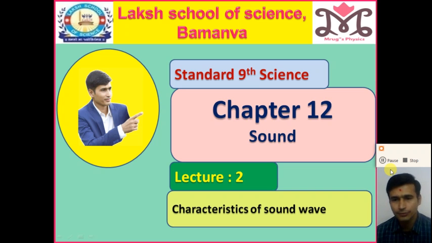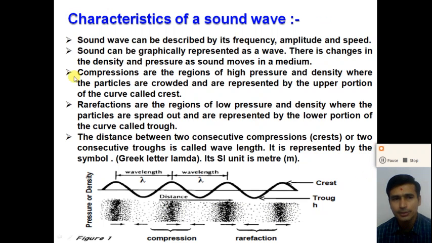So in this video, we will discuss how the characteristics of sound waves are measured. The sound wave can be described by its characteristics like frequency, amplitude, and the speed of the sound wave in different media. So while sound waves travel in different media, their characteristics are described by frequency, second, amplitude, and third, speed.